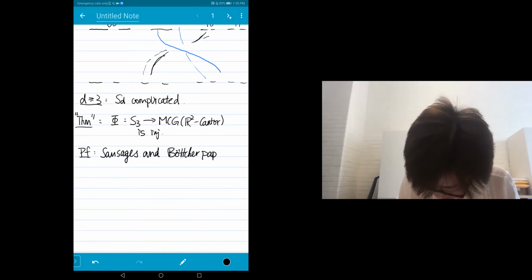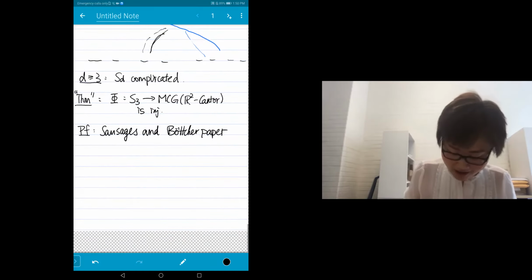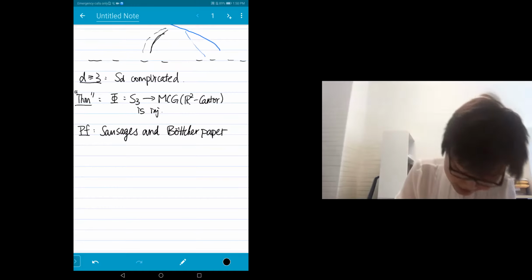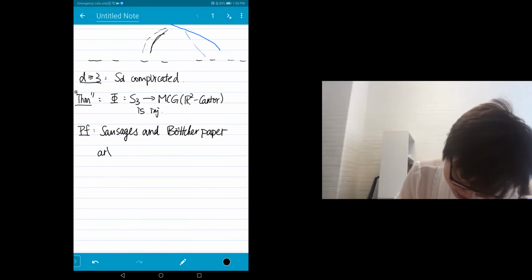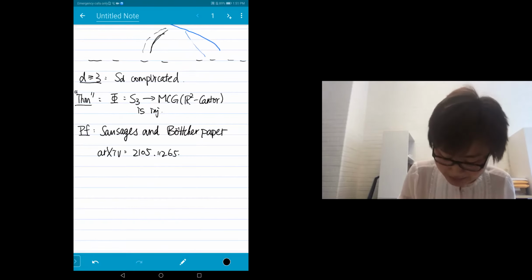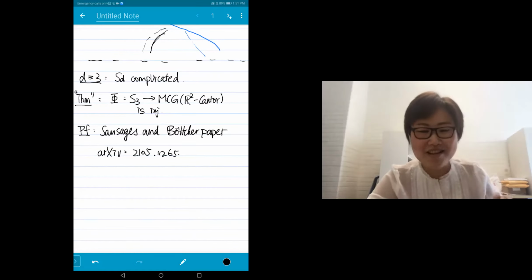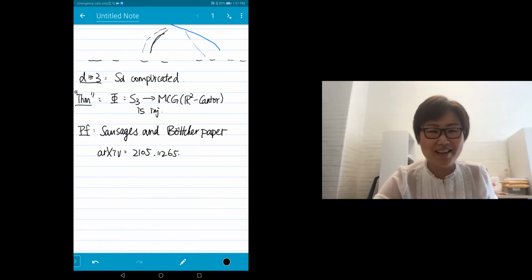I don't know how many people are interested, but if you are, you can find it on arXiv. So this is 11265. Okay, so I will stop here and thank you for your attention.